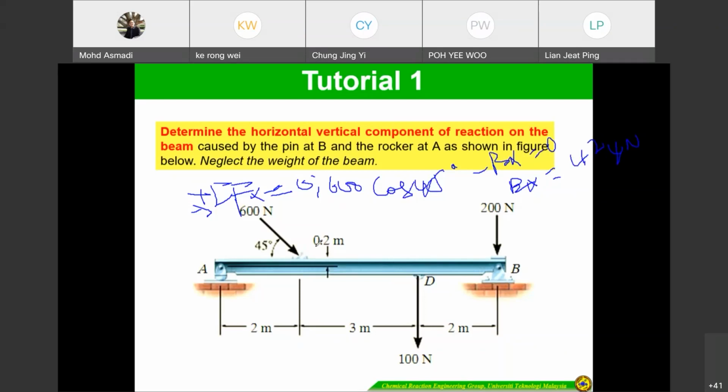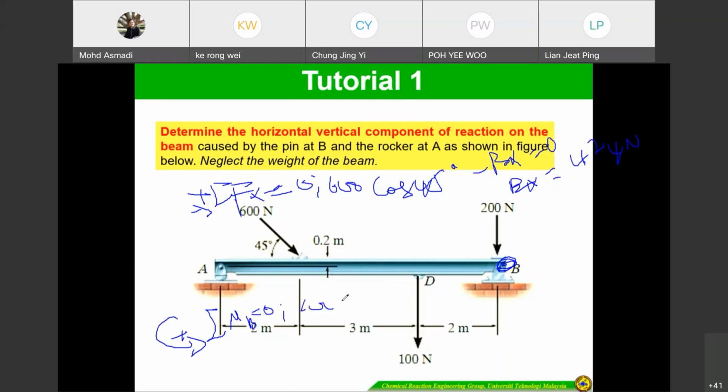Okay, and then at point B, we do the total moment. Definition: counterclockwise as positive.